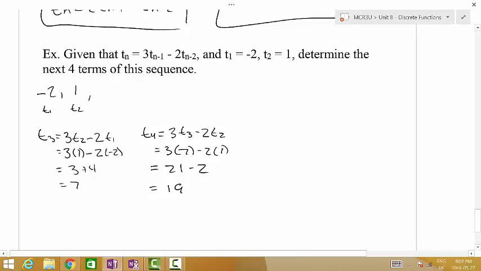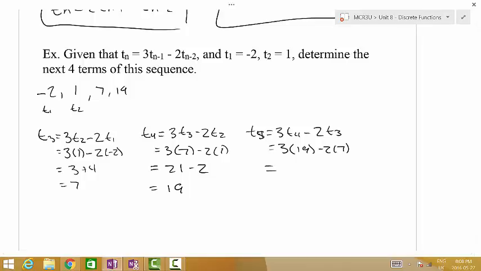So we know negative 2, 7, 19. T5 equals 3 times T4 minus 2 times T3, which equals 3 times 19 minus 2 times 7. 3 times 19 is 57. Minus 14 gives us 53.